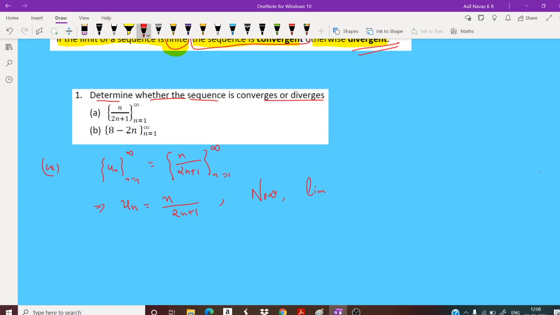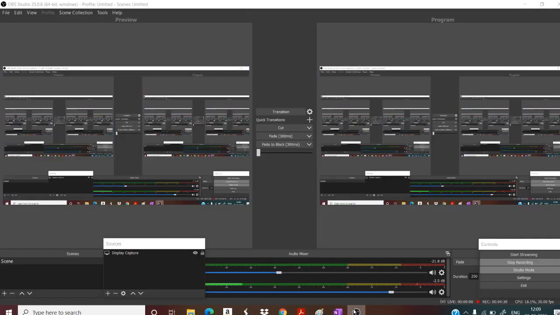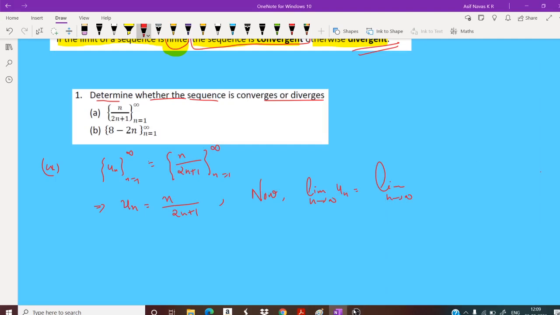Limit n tends to infinity un is equal to limit n tends to infinity. What is un here? n by 2n plus 1.